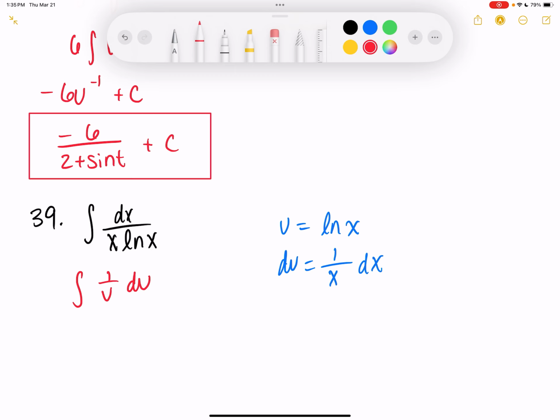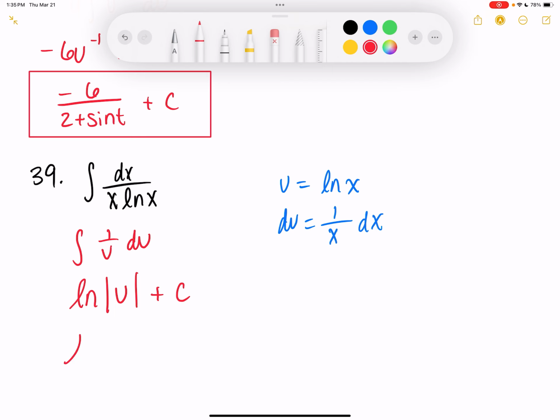What is the antiderivative of this? And I'm going to remind you that it's the absolute value of u, because this could hypothetically give us an issue here. So ln of the absolute value of u plus c. Then we replace, so we would have ln of the absolute value of ln of x plus c.